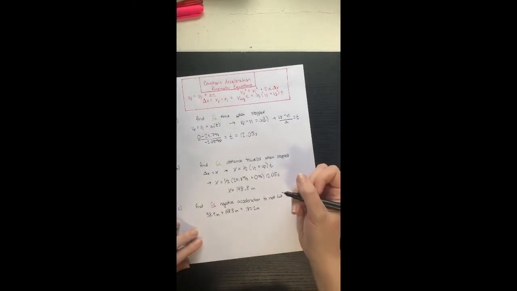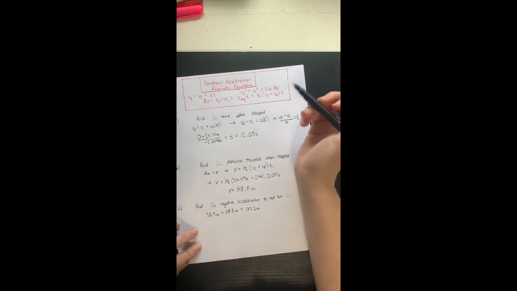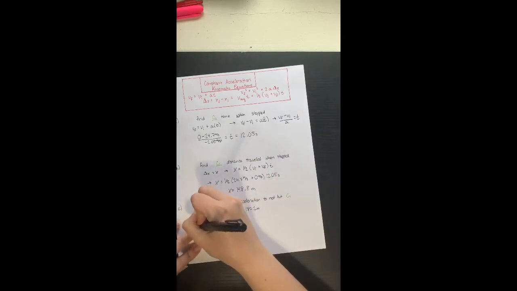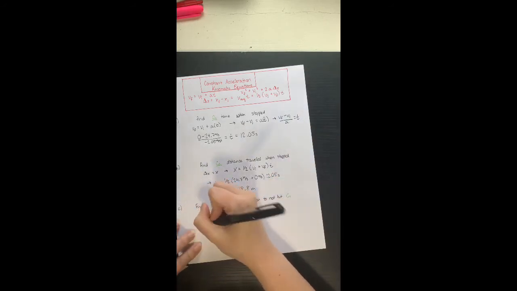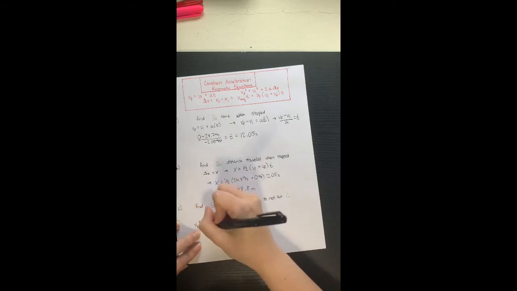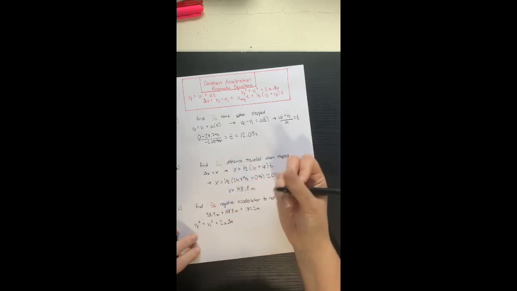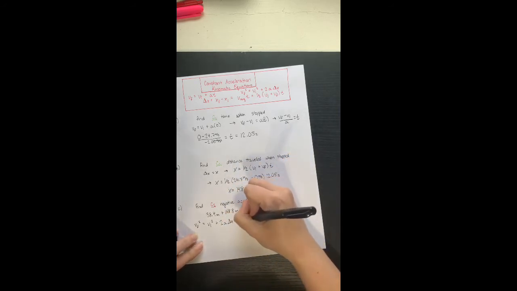So now we need to find acceleration. Well, we do have our second distance, but we still don't have time. So let's use this equation right here. We have final velocity squared equals initial velocity squared plus 2 times acceleration times delta x. Now we need to rearrange this to get acceleration by itself.